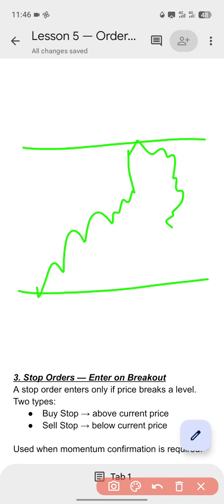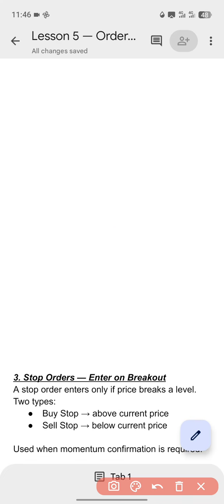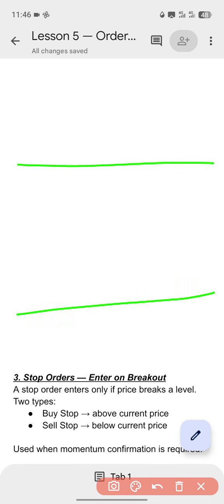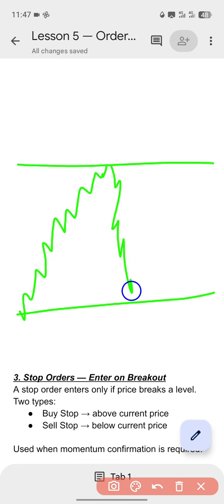Let's say we have a very complex diagram this time around. Let's make it too complex. So this resistance and support, then price moves from here to this level, comes back into this level.